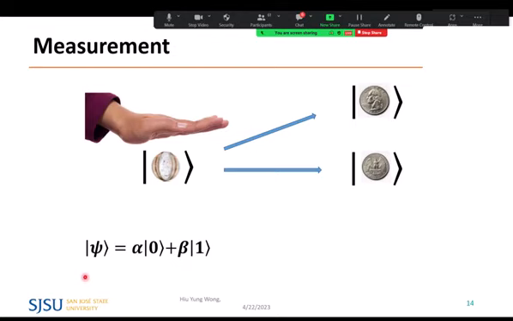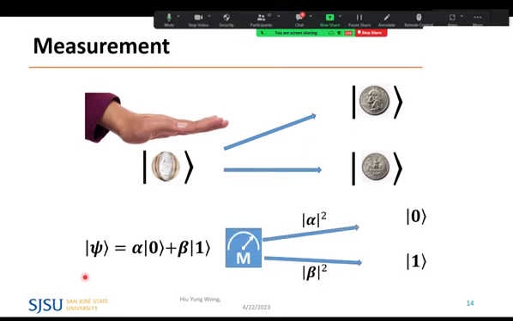If it is alpha 0 plus beta 1, if I do a measurement, it may collapse to 0 or collapse to 1. So this is completely random. The only thing that's not completely random is that the probability that it will collapse to 0 depends on the square of the magnitude of the coefficient, like alpha squared in front of 0 and beta squared for 1.